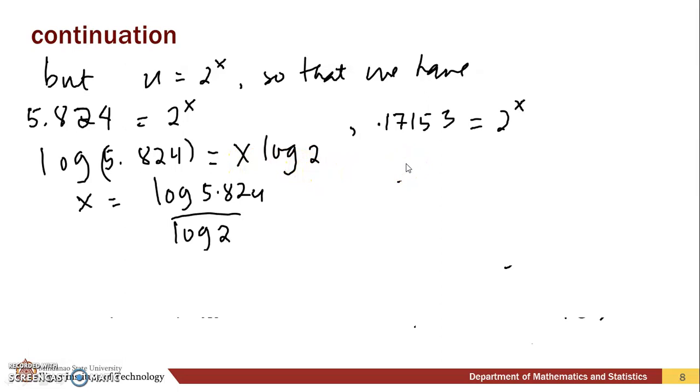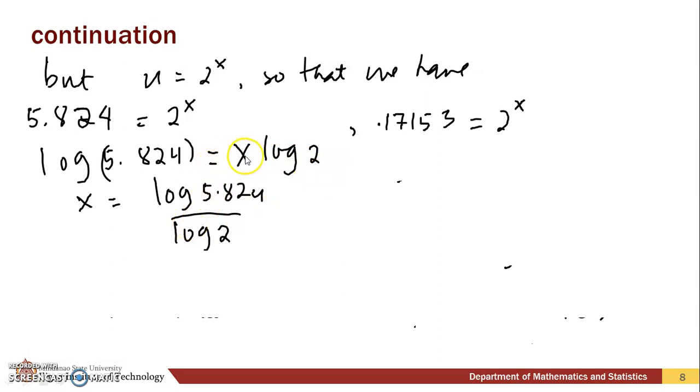Similarly, we can solve this other part later on. So solving for x here, we divide both sides by the log of 2. So log of 5.824 divided by log of 2, and x log of 2 divided by log of 2.